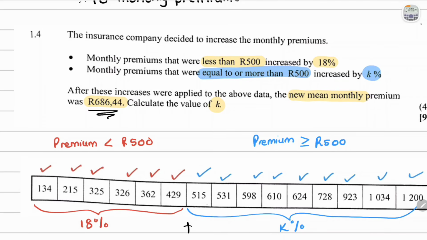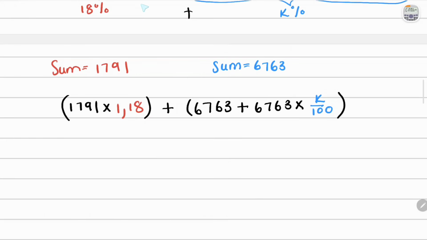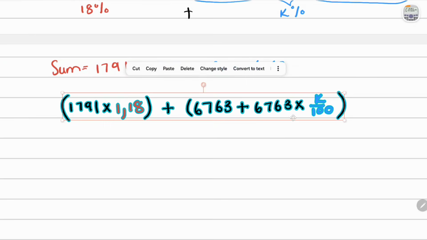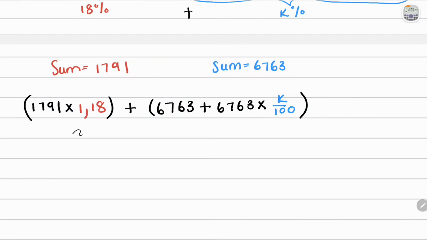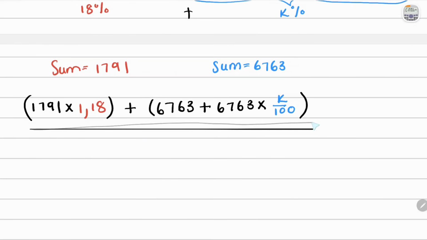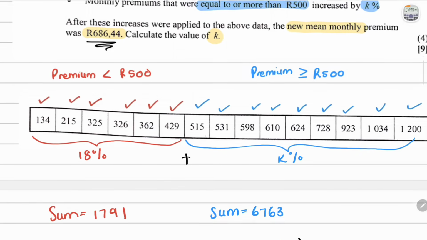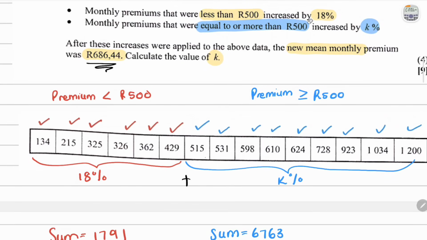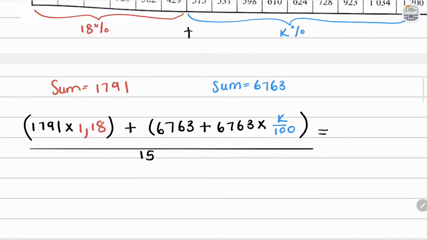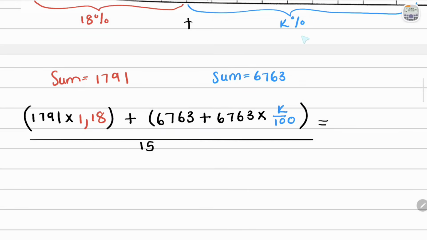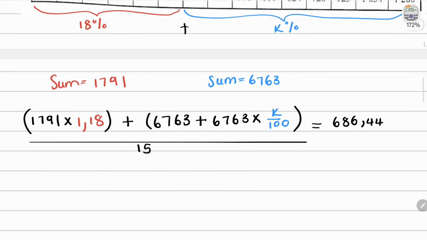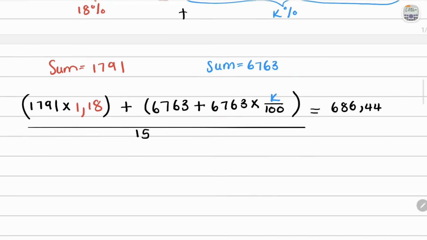That's how we got that. So we're going to have to do the same thing here. We've added these amounts together and then you're going to have to divide them by 15 to get the average. And we're saying it's equal to that average amount, which is 686.44. So we'll put that amount there. Okay, so this is what our equation looks like, and all we have to do is solve for k.